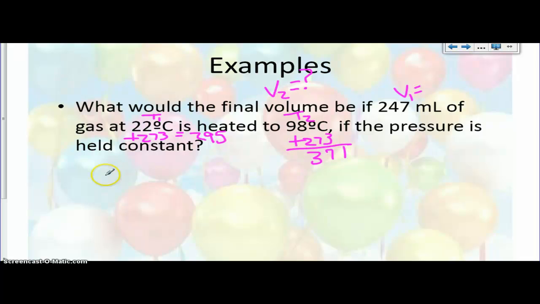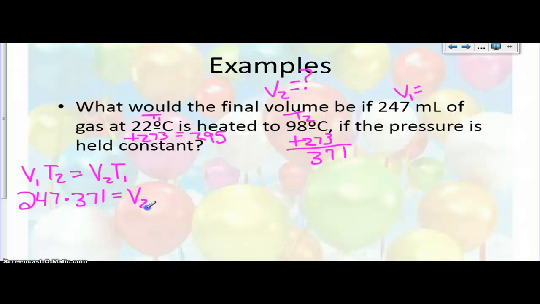All right, now that we have everything in the correct units, we can just plug it into the equation. So we have V1 T2 equals V2 T1, and we're looking for V2. So V1 was 247 times our T2, which is 371, is equal to our unknown times 295.